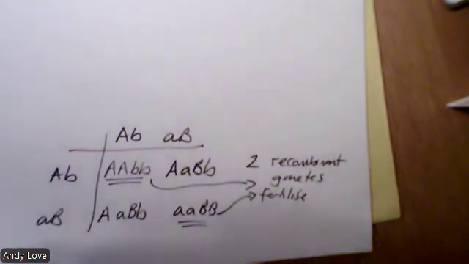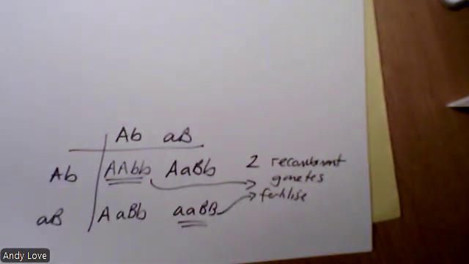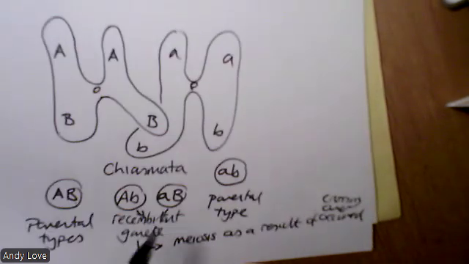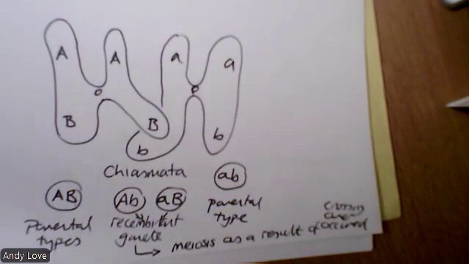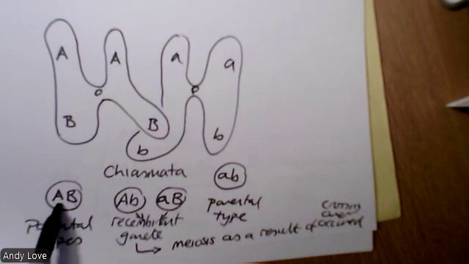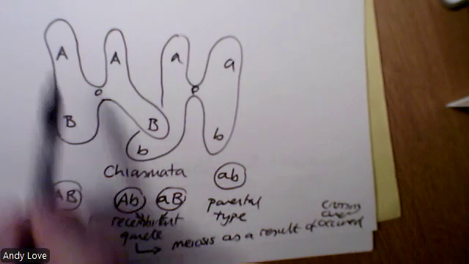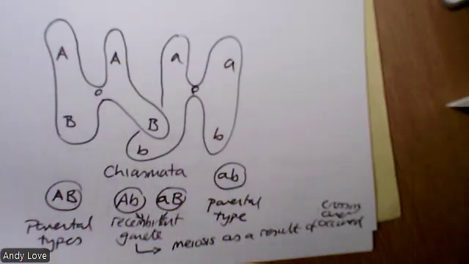Because there weren't many recombinant gametes in the first place. They're produced as a result of crossing over. The main gametes are this one and this one because they're on the same chromosome. And when they get together, you get a ratio of 3:1.